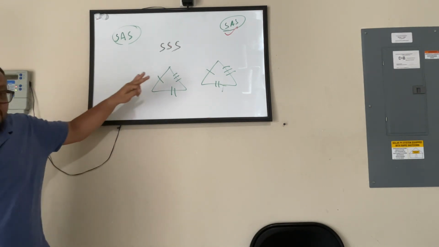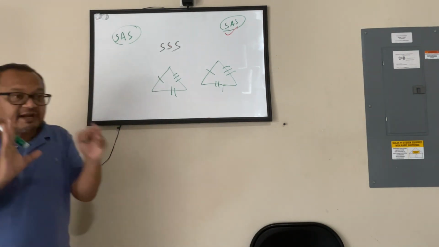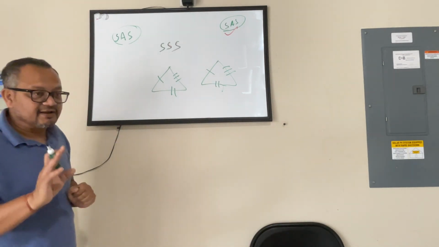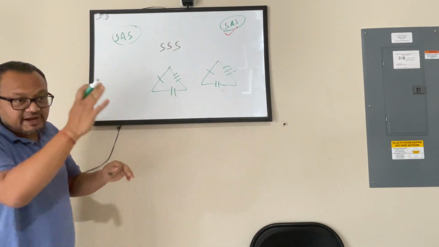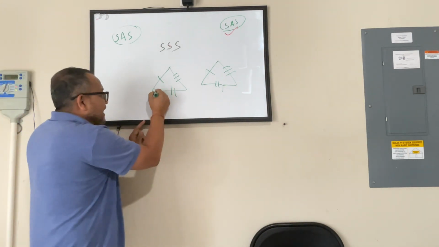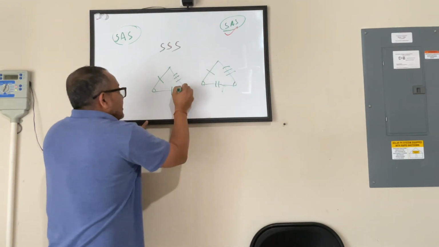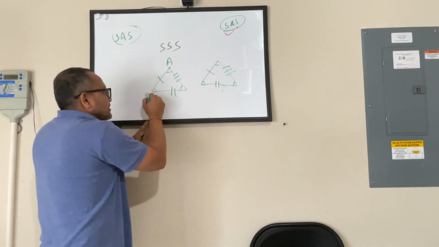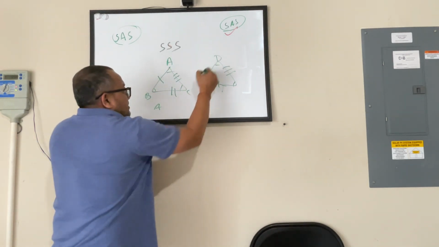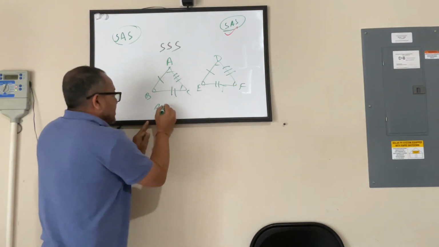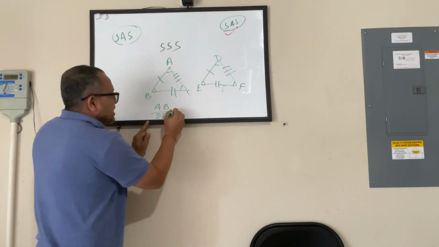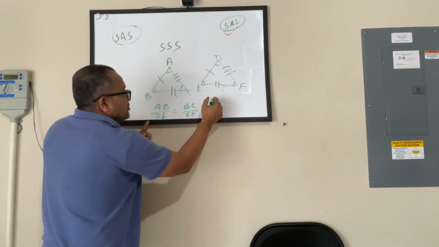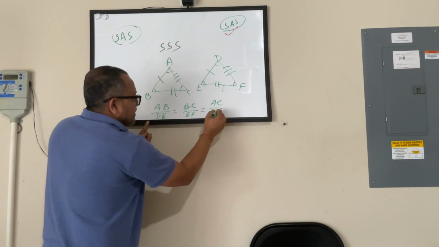Now, I will not try proving this because this is pretty much in line with the basic principle of similar triangles. Like I was saying, if there are two triangles which are similar, meaning the angles are matching, then the ratio between the sides, AB by DE equal to BC by EF equal to AC by DF.